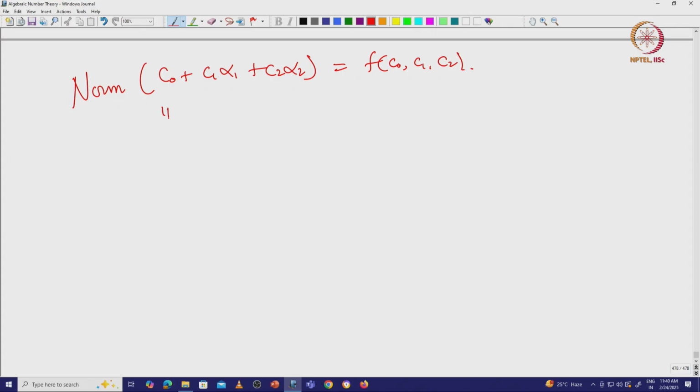And you can compute this norm, and it turns out to be C0 cubed plus 12 times C1 cubed plus 18 times C2 cubed minus 18 C0 C1 C2. So, this thing is an exercise if you like. It is not a difficult exercise, but you have to do some computations. Okay.